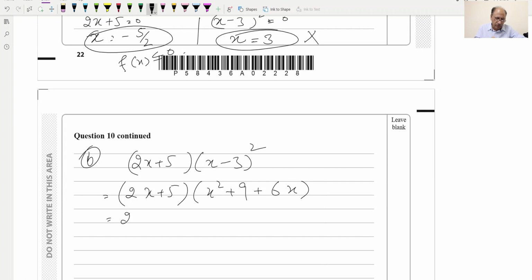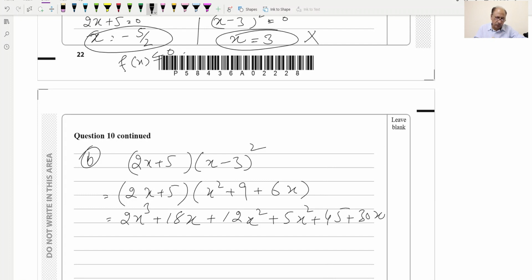2x with x squared will be 2x cubed, and 2x with 9 will be plus 18x, 2x with 6 will be plus 12x squared, and 5 with x squared will be plus 5x squared, 5 with 9 will be 45, and 5 with 6x will be plus 30x.